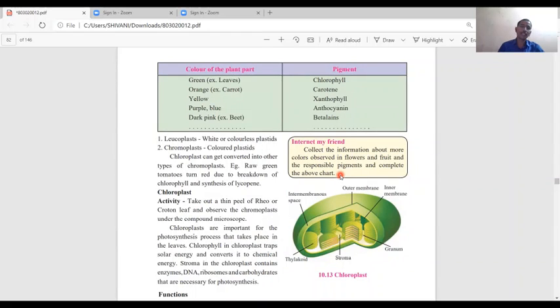Chloroplast is also included in chromoplast. Chloroplast gets converted into another type of chromoplast. For example, a raw green tomato turns red due to the breakdown of chlorophyll and the synthesis of lycopene.